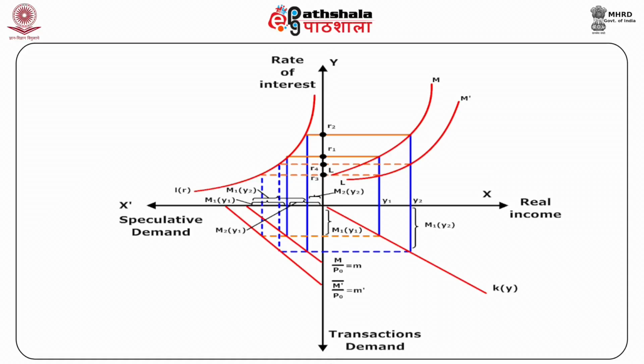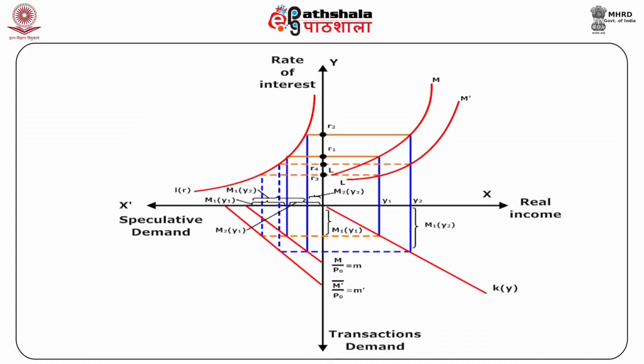Therefore, let us again look at the equilibrium in both the markets. At Y2, we should have a rate of interest which is exactly corresponding to the level of income Y2. If the rate of interest were to be more, then M2 being negatively related to rate of interest, the M2 would be less.